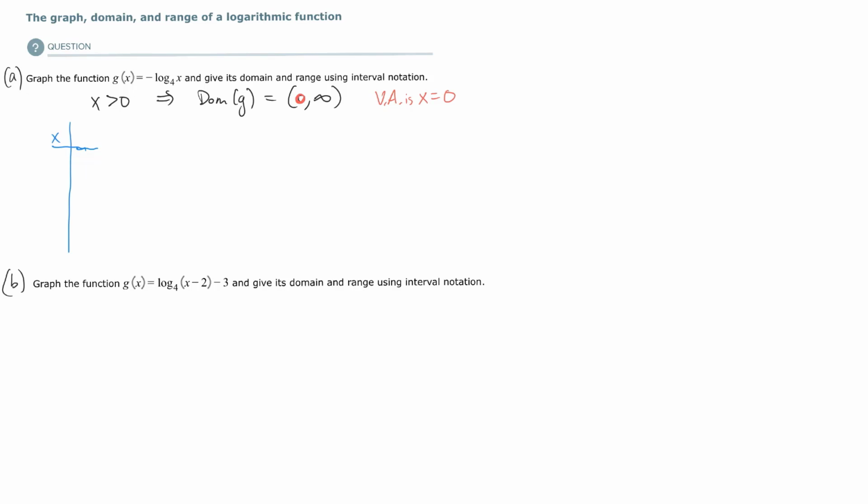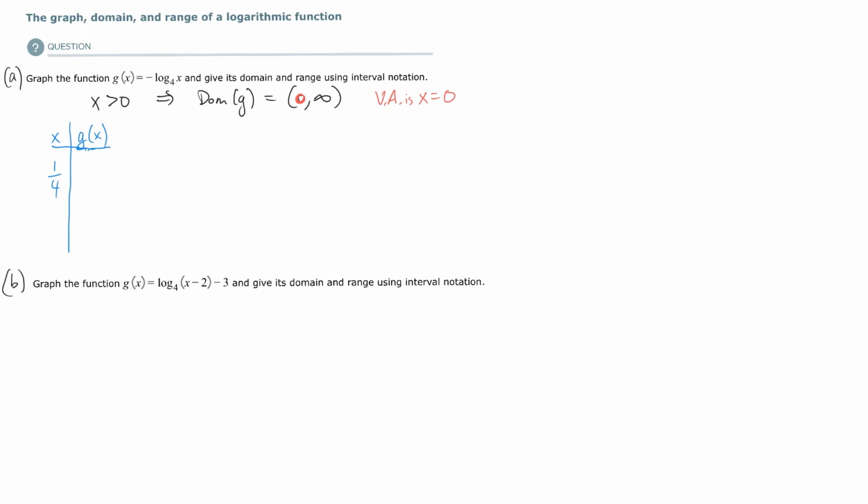So here's x, and then our output is g of x. Let's say, well, we should definitely look at 1. Actually, I do want to get close to that vertical asymptote. Why don't we try 1/4? If we try 1/4, we get positive 1, right?